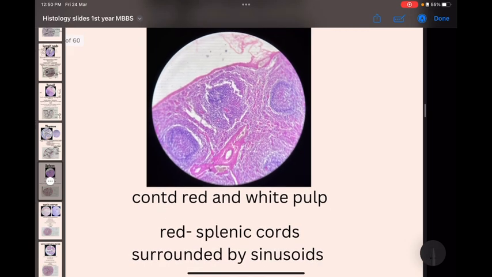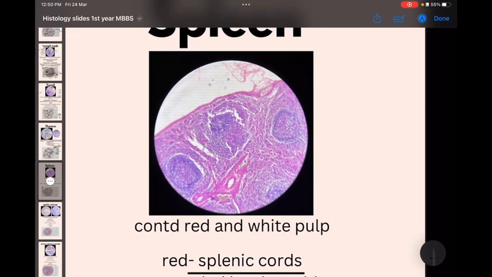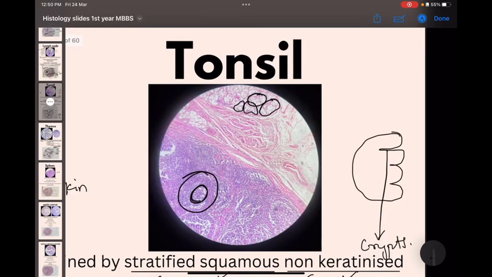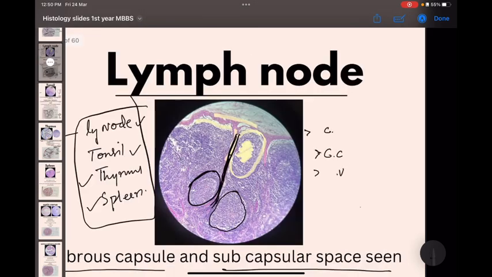Coming to spleen. There is no point in getting confused, because when you see the slide of a spleen, you can see the red pulp very clearly, a reddish slide. The tonsil is not so darkly stained.